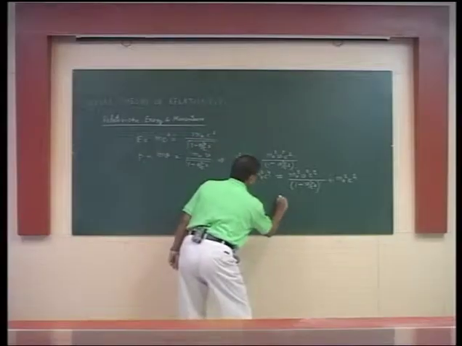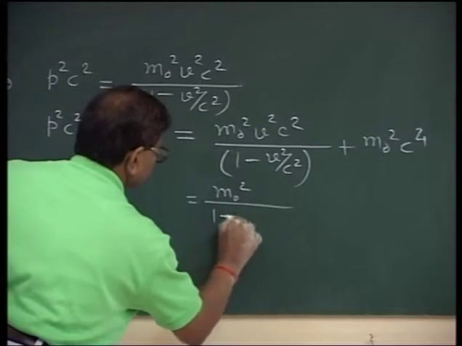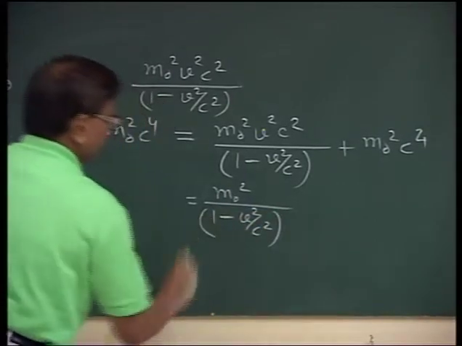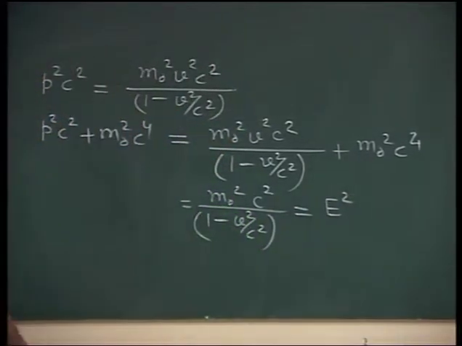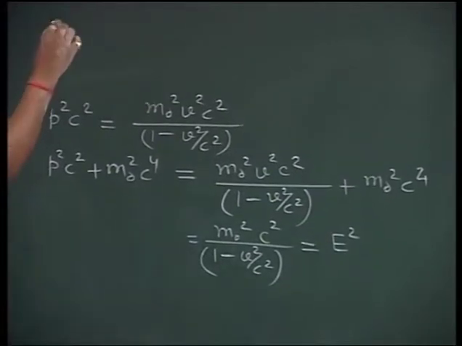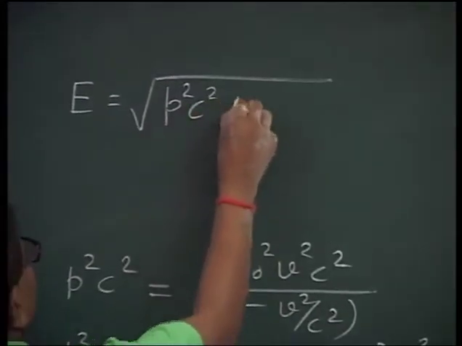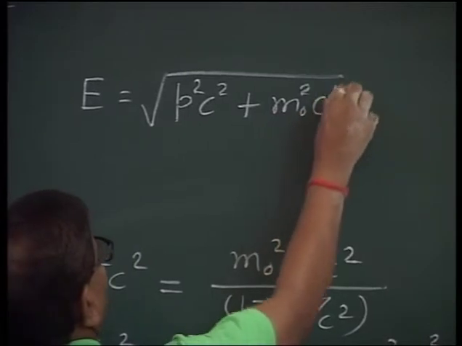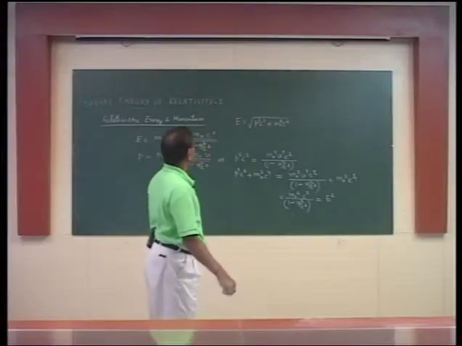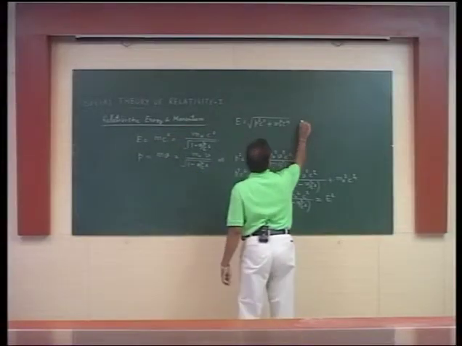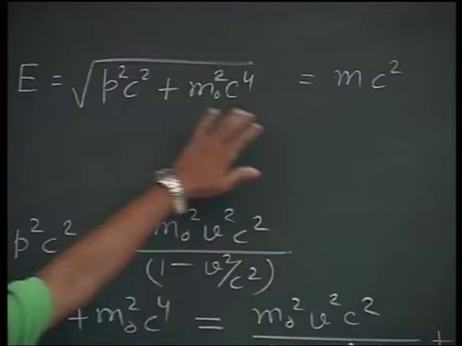Once we solve it, we will find that this comes out to be E square, and therefore relativistic energy E is just equal to square root of p square c square plus m0 square c4. This is a very, very important relation.